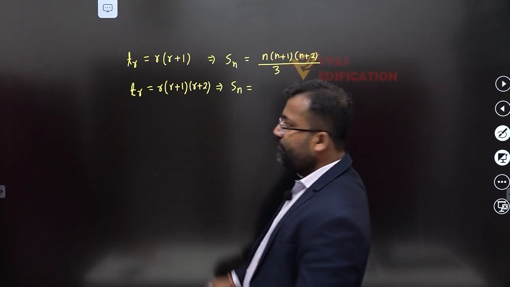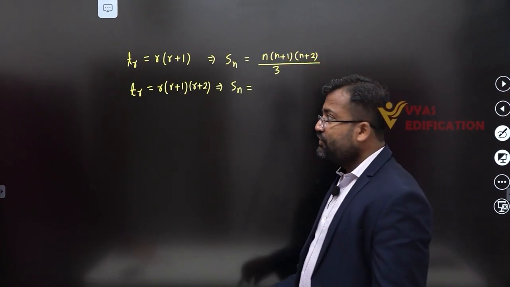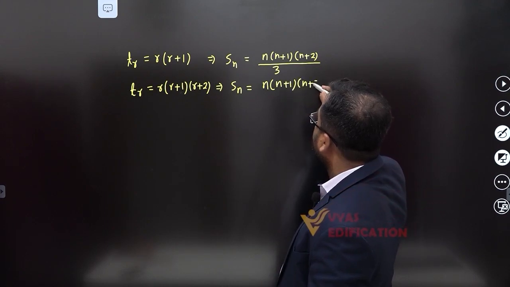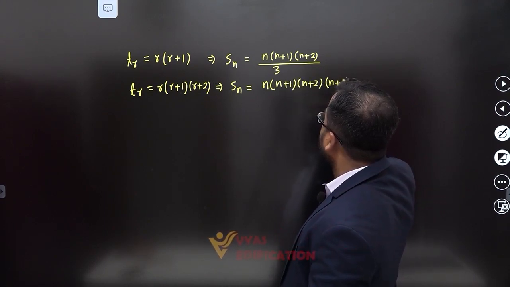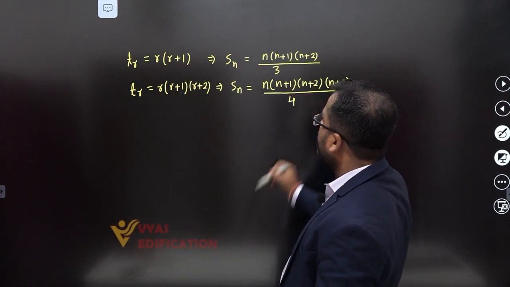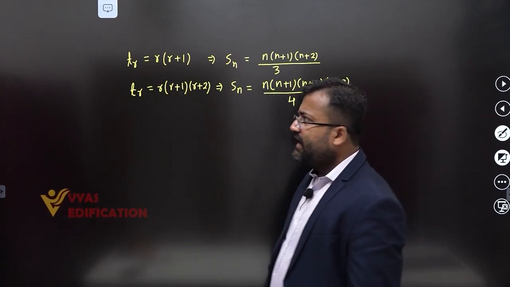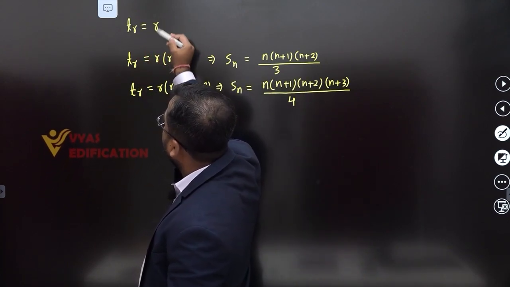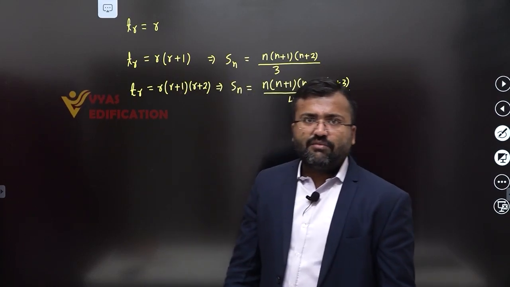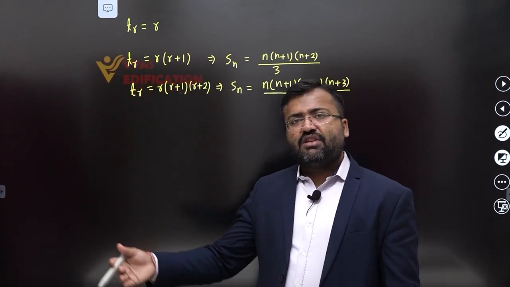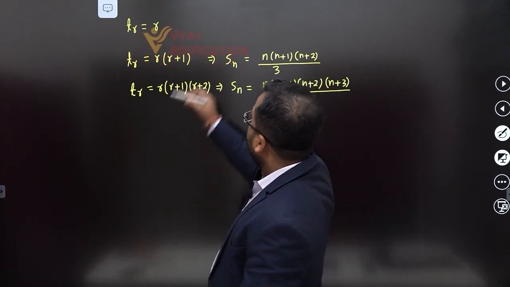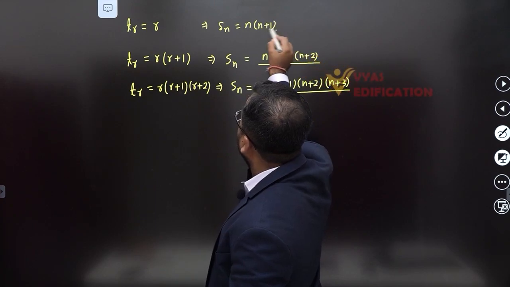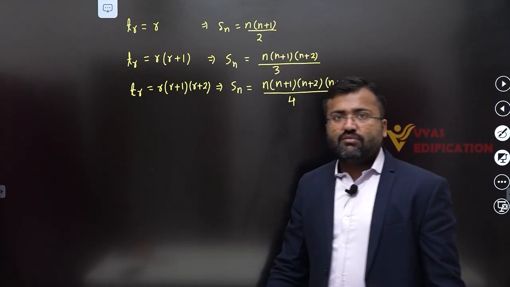Sn is equal to, in question number 2, n plus 1, n plus 2, n plus 3 also came up, and divided by 4 is what you obtained. Not only that, if I go one step back, if TR is simply R, meaning 1 plus 2 plus 3 plus 4 and so on up till n, the summation is already known, that is n times n plus 1 by 2, the summation of the first n natural numbers.